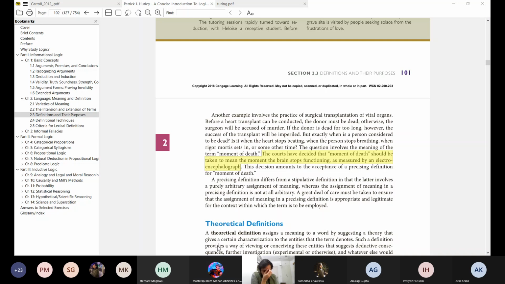So one kind of case might be, we think, look, what we really care about in somebody's being alive is being able to interact with us, to have thoughts. And here's this person who we must look technically still alive, in the sense that they meet this condition: their brain is functioning as measured by an electroencephalograph.